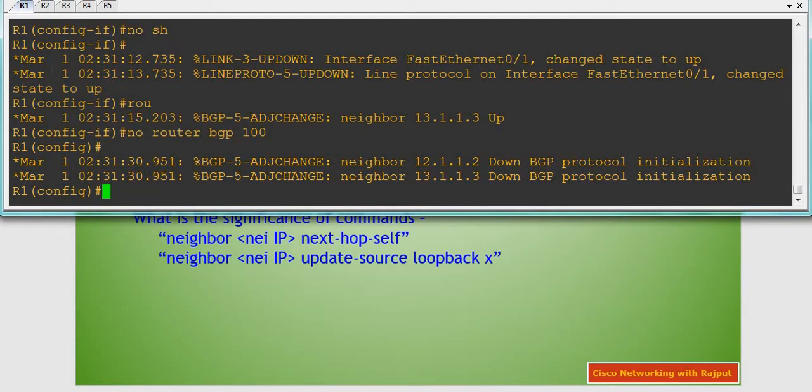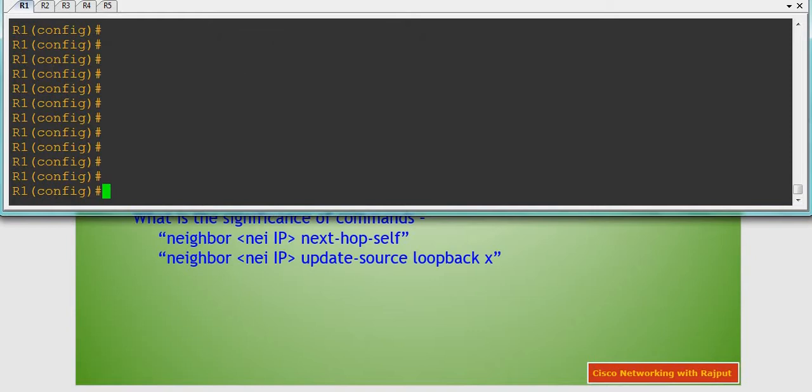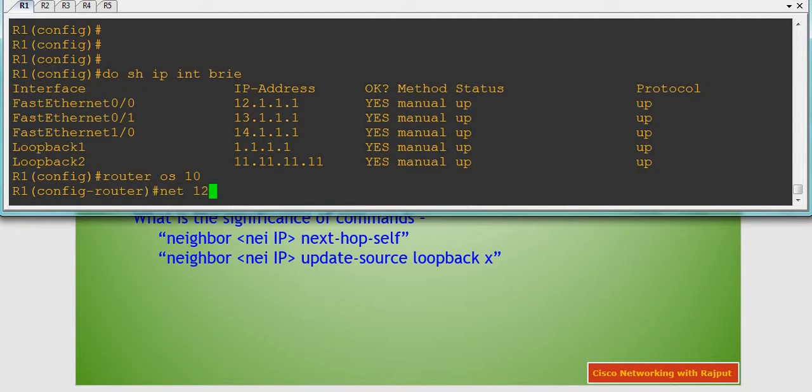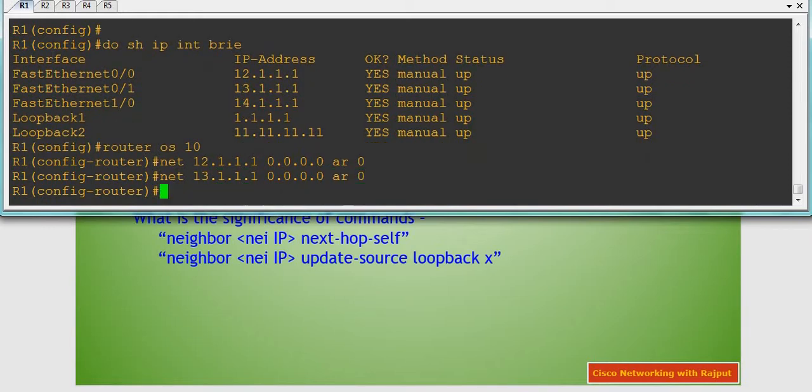Let us configure some IGP. We will use OSPF. Router ospf 10, network, and loopback 1 as well.